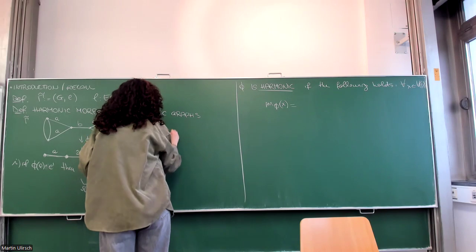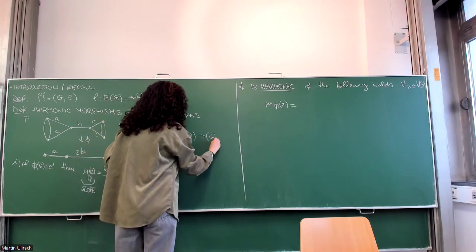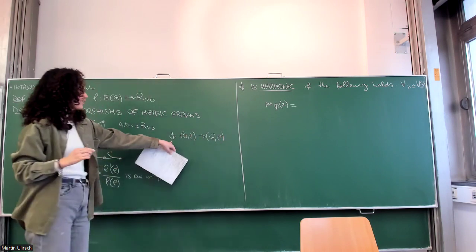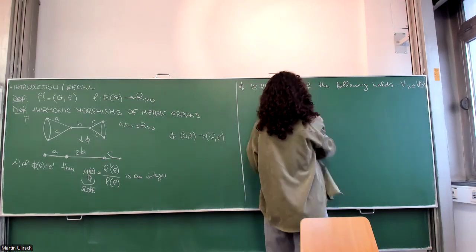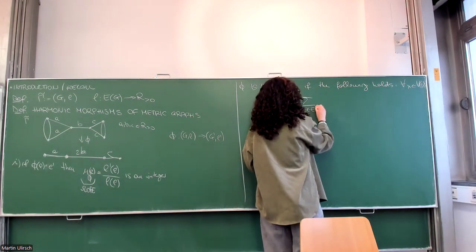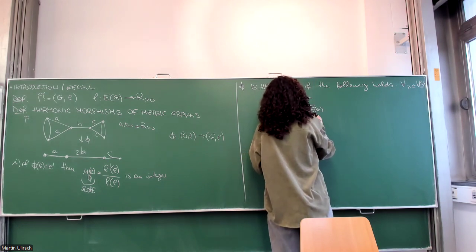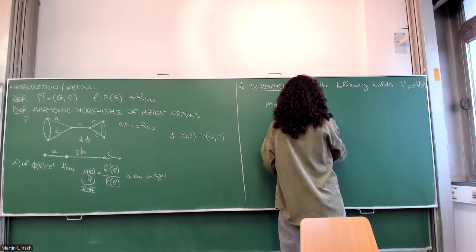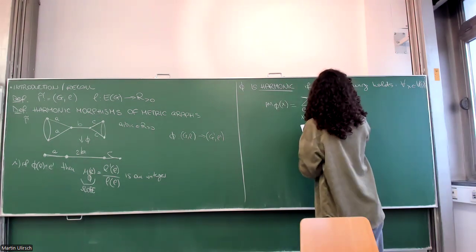So let's call phi this morphism. We have to count over all edges of G the slope of the map.